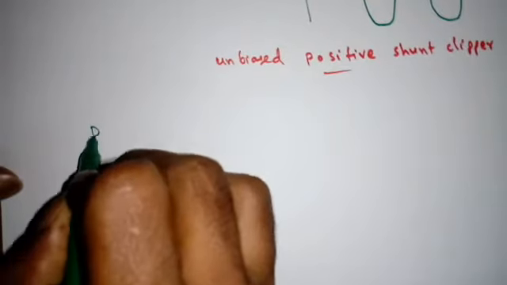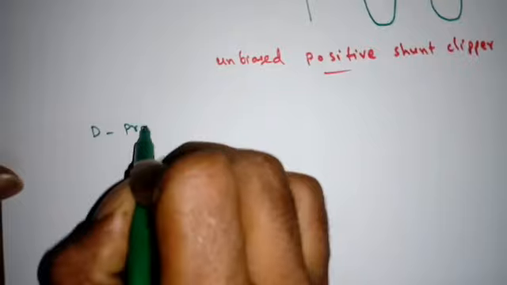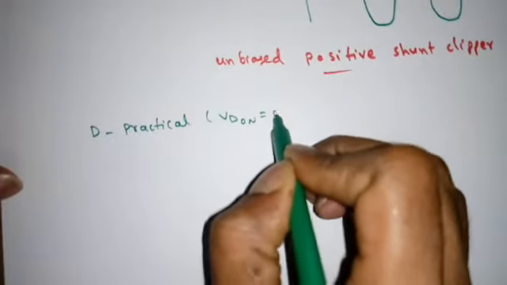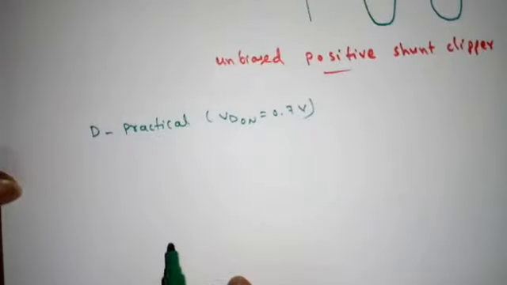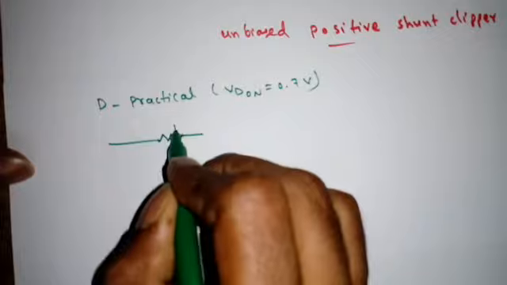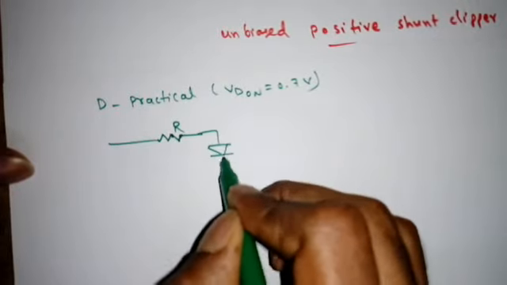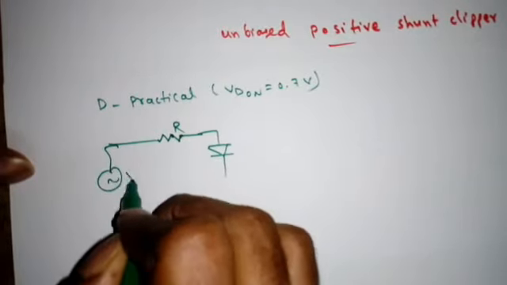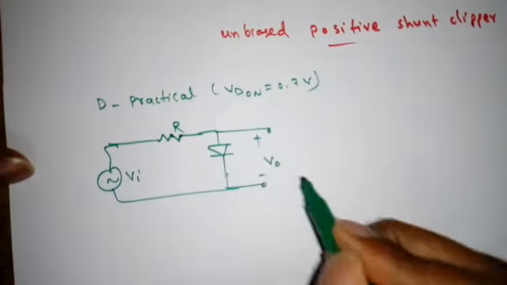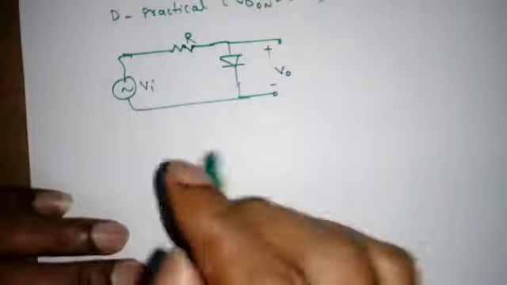Now when the diode D is practical, that means VD on is 0.7 volt. So the circuit is the same, R, D, Vi, this is V0. Now the cases will slightly change.